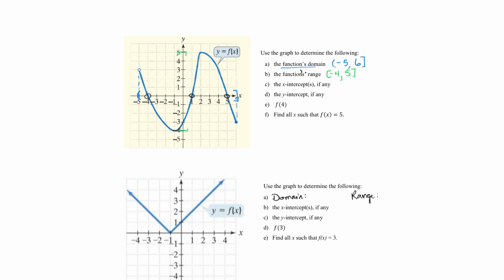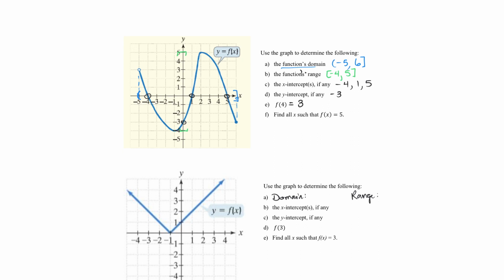So the x-intercepts are going to be -4 and 1 and 5. The y-intercept, if any, there is a point on the y-axis there at y equals -3. F of 4, if my x value is 4, then my y value is what? 3. So f of 4 is equal to 3.